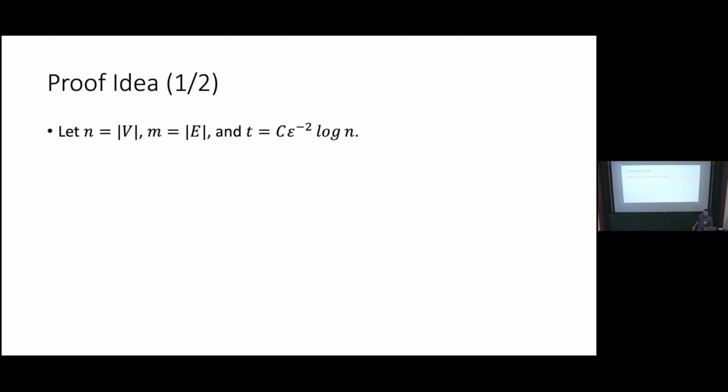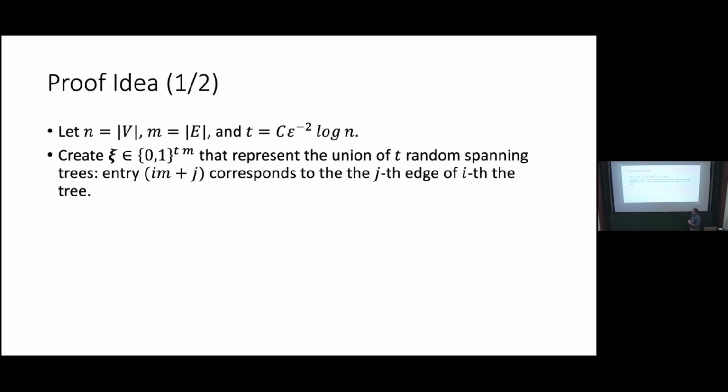Okay, so we take a really huge vector, where we concatenate the indicator vectors of each of these spanning trees. We sample order of log n spanning trees, and we take the concatenation of their indicator vectors. So every entry in this vector represents an edge in a spanning tree.